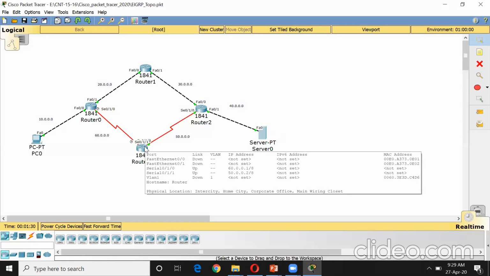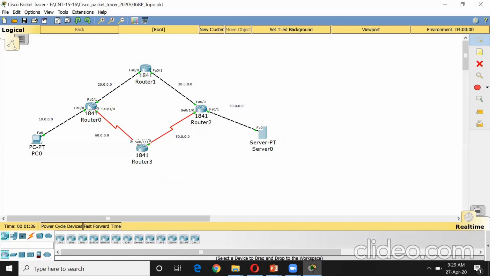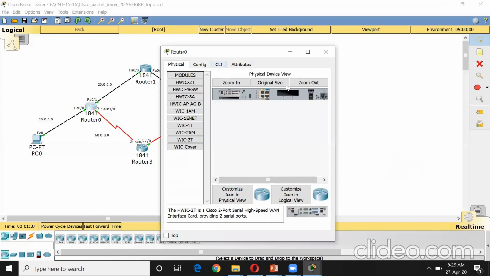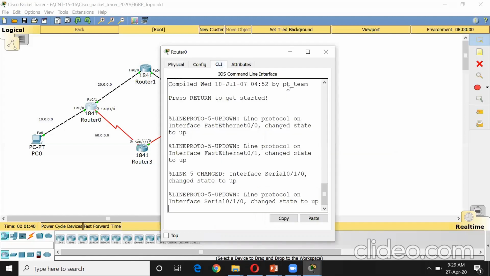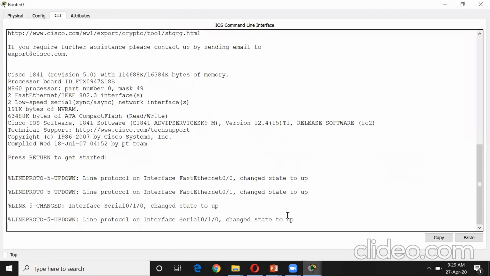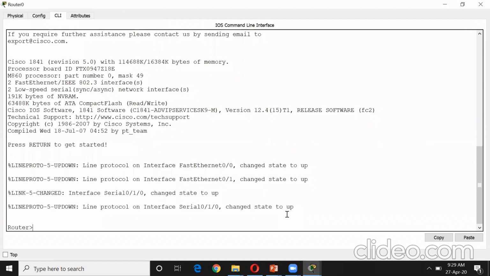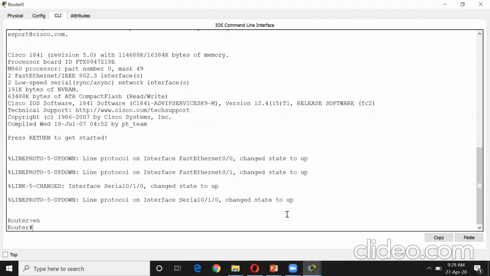So how to do that EIGRP configuration, that we'll see. Only some little bit difference in the RIP and OSPF routing protocol configuration. So we are in user EXEC mode, go into the privileged mode, then conf t.